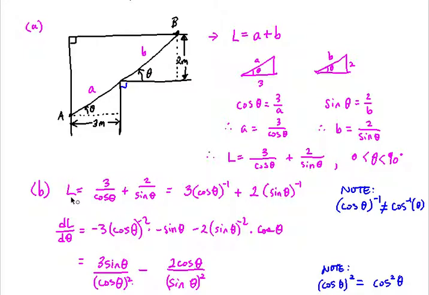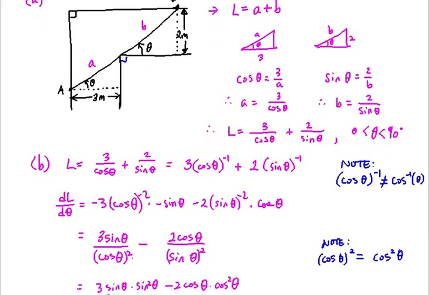Then I end up with L equals 3 cos theta to the power of -1 plus 2 sine theta to the power of -1. You could write this as a secant and a cosecant, but that's not really necessary right now, and it might make the derivative more messy. Okay, so let's see.